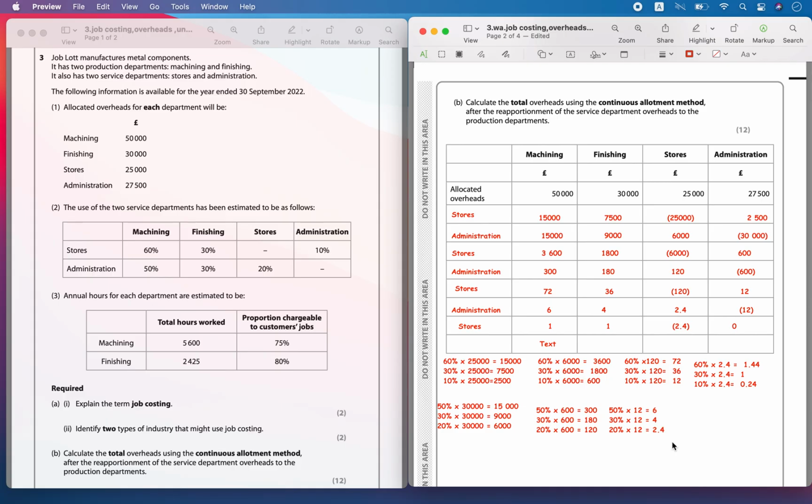It has its own allocated cost. That value is 83,979.